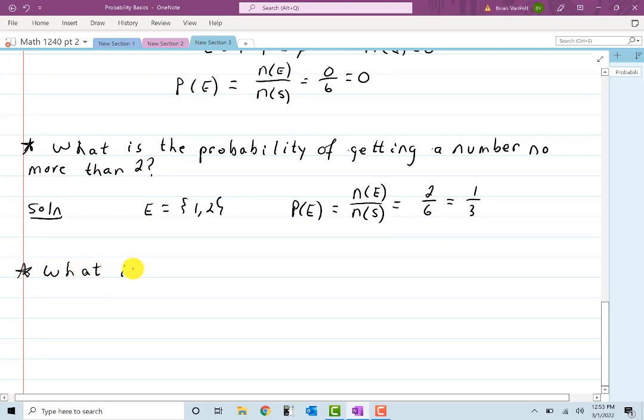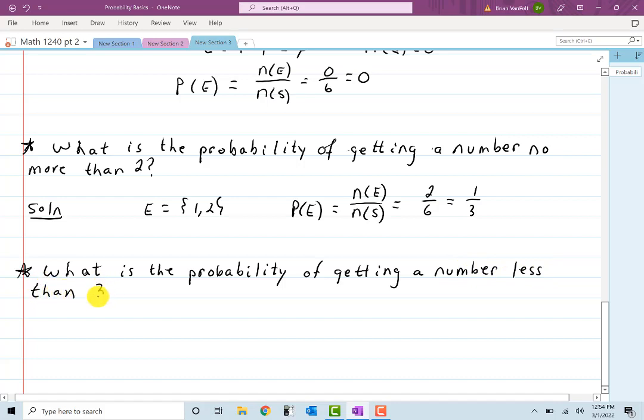What is the probability of getting a number less than 3 or greater than 4?